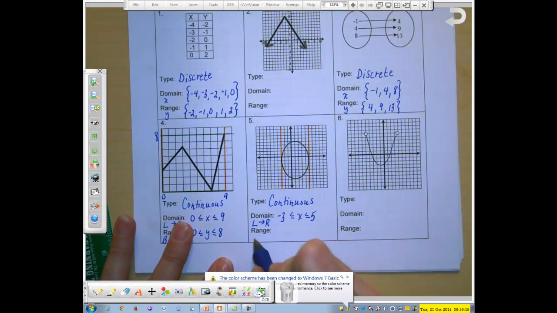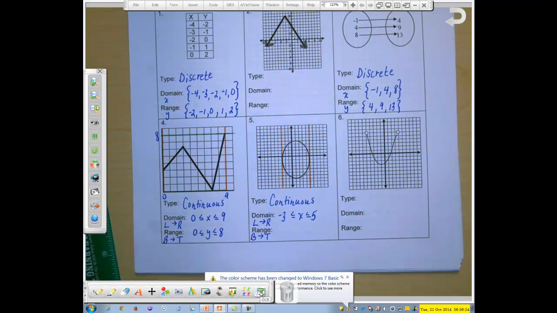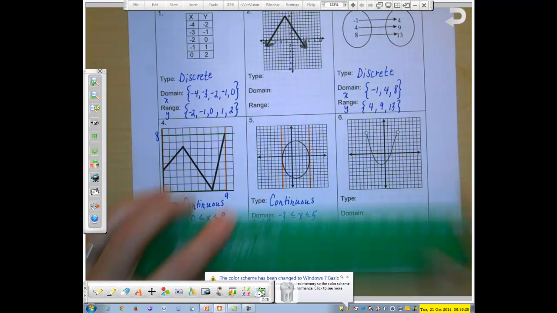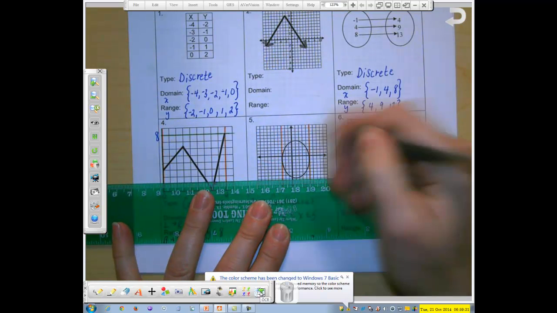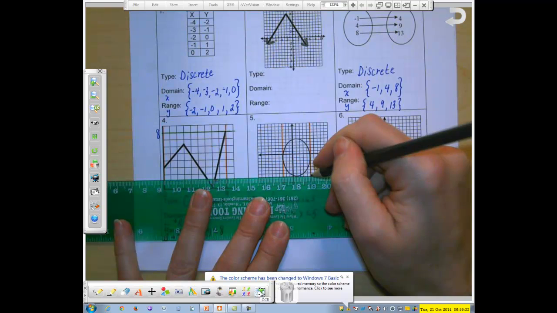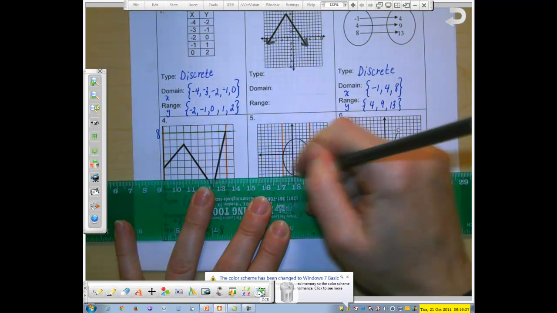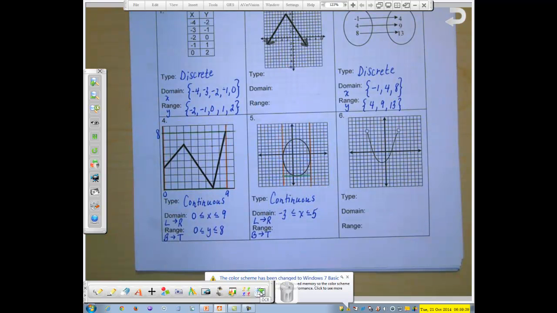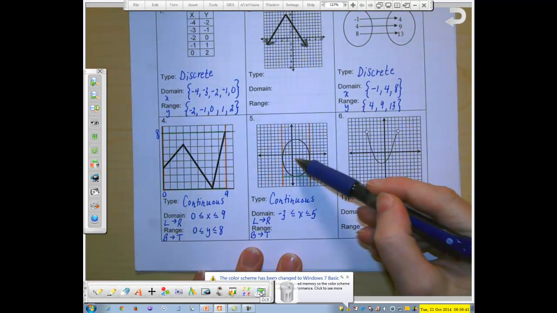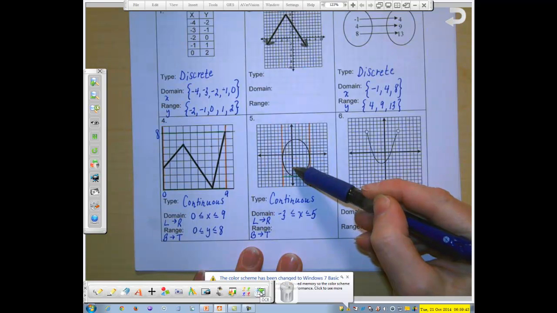Range, we're looking at the graph from bottom to top or from downward to upward. So we'll start at the bottom of the graph. Okay, this green line crosses the y-axis at -1, 2, 3, 4, 5, 6, 7.